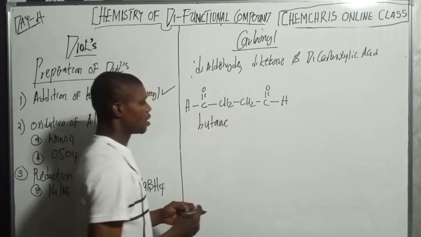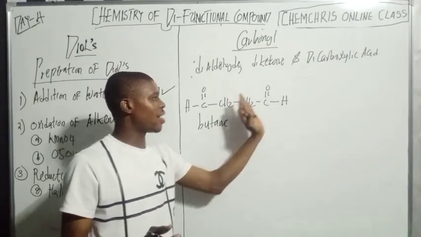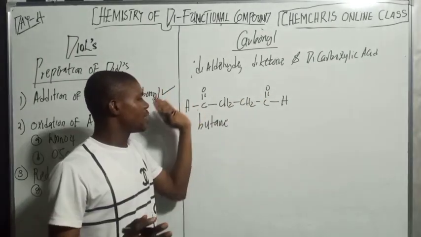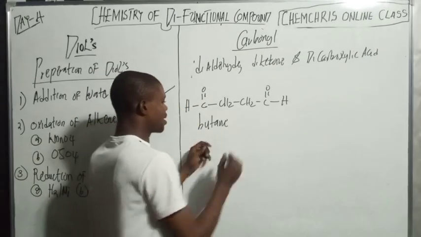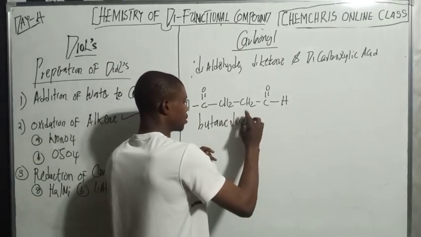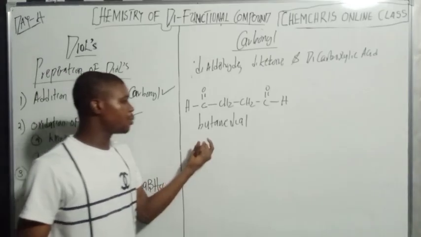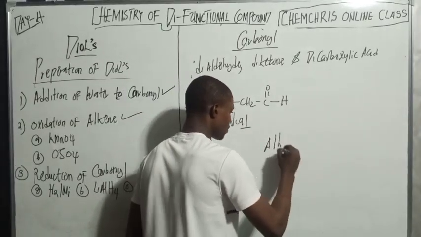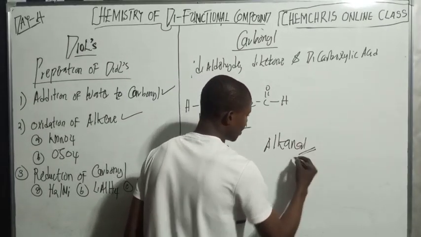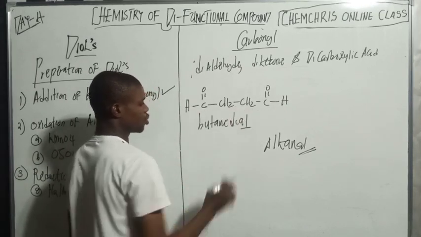But the positions are not needed because they are at the extremes. So you are going to have butane dial. Now this one means alkanal, which has two aldehyde functional groups.